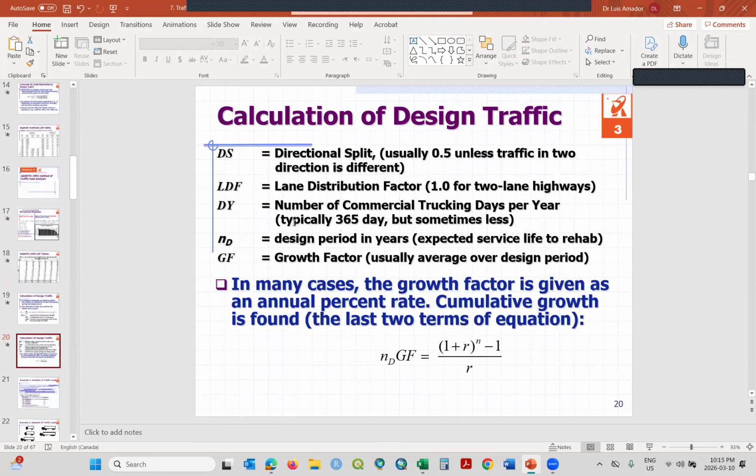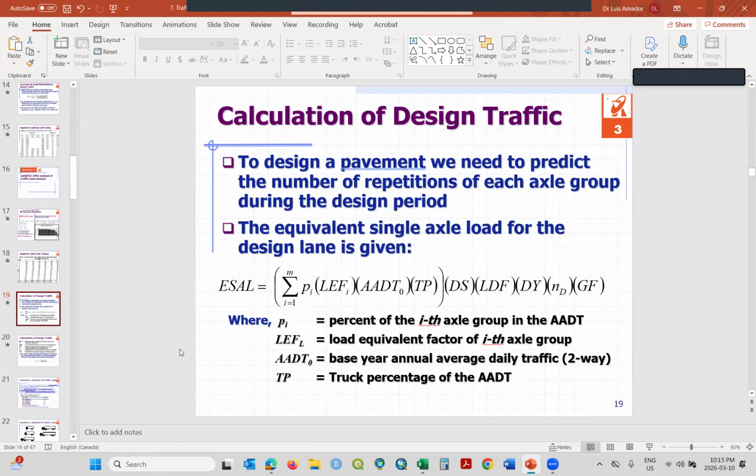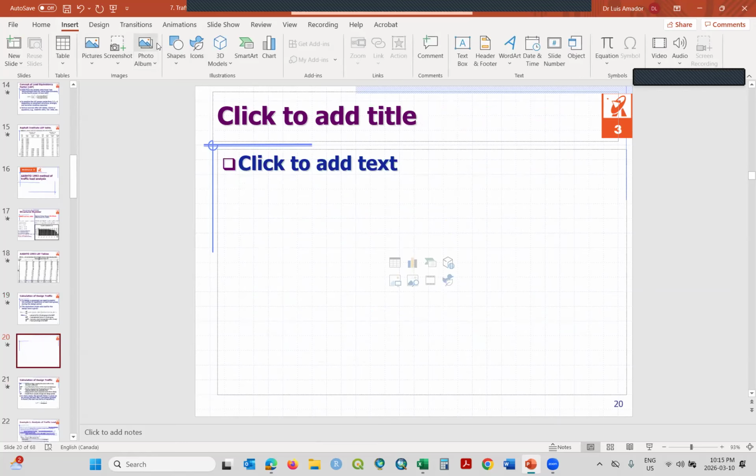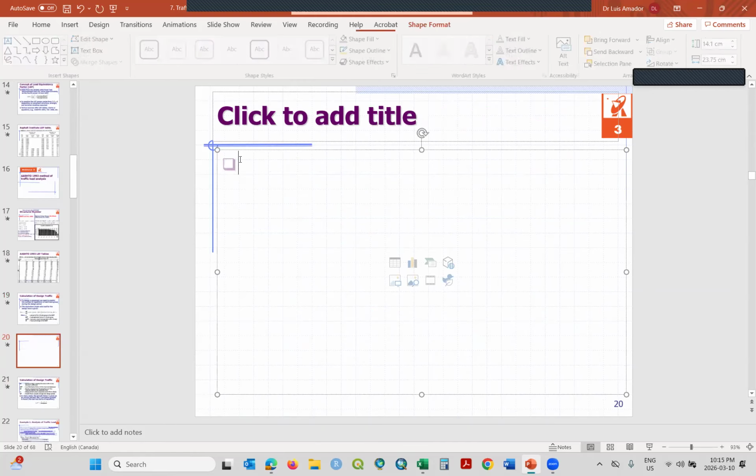So maybe before I do the example, let me just explain something here. So on any road, let's imagine we have a road. Sorry, not with an arrow.